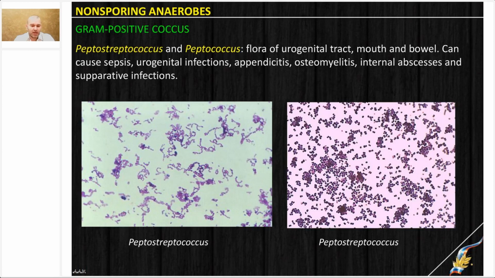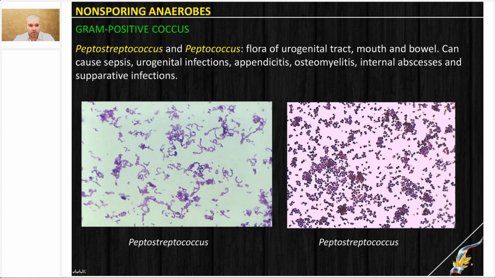So both microorganisms and actually almost any anaerobic bacteria usually is identified as a part of normal flora of GIT in different parts. So Streptococcus and Peptococcus can be identified in mouth and bowel. They can be recognized in flora of urogenital tract, and mainly diseases by anaerobic bacteria are rare and originate from subject itself after some surgery or after trauma, and location of bacteria natural location usually is the place of further infection.